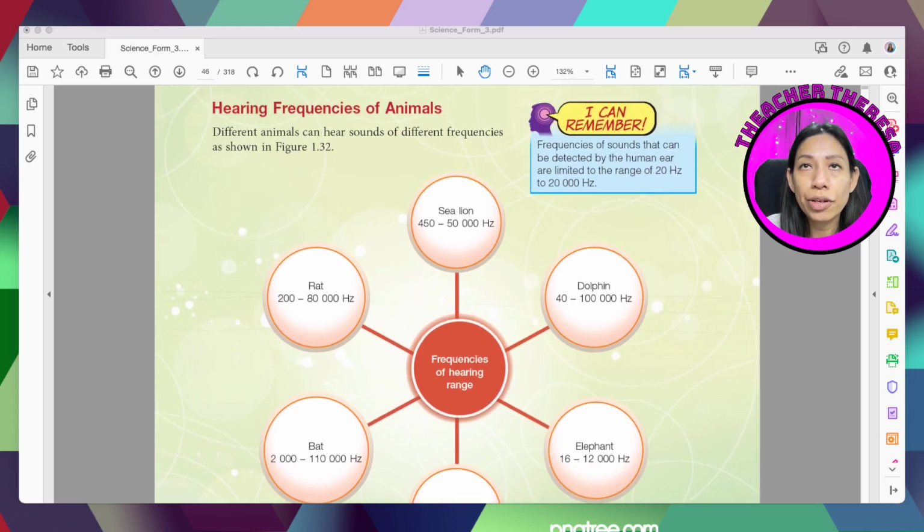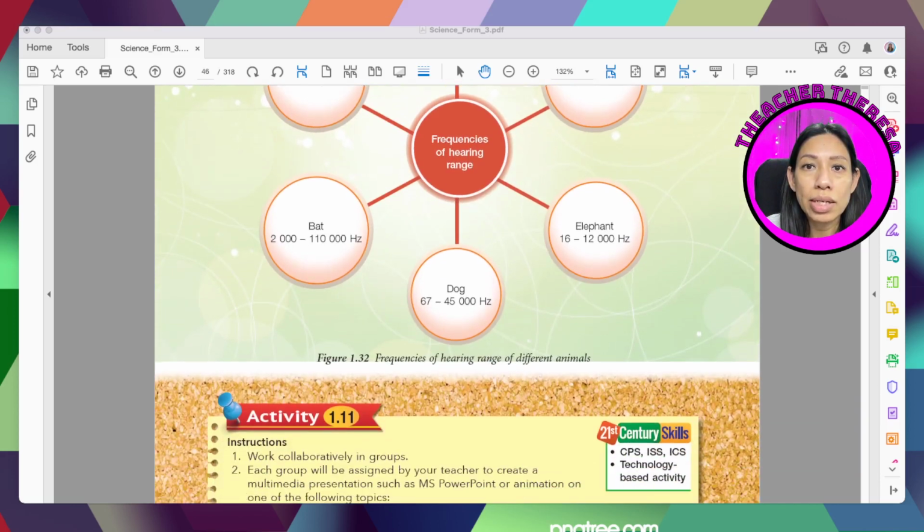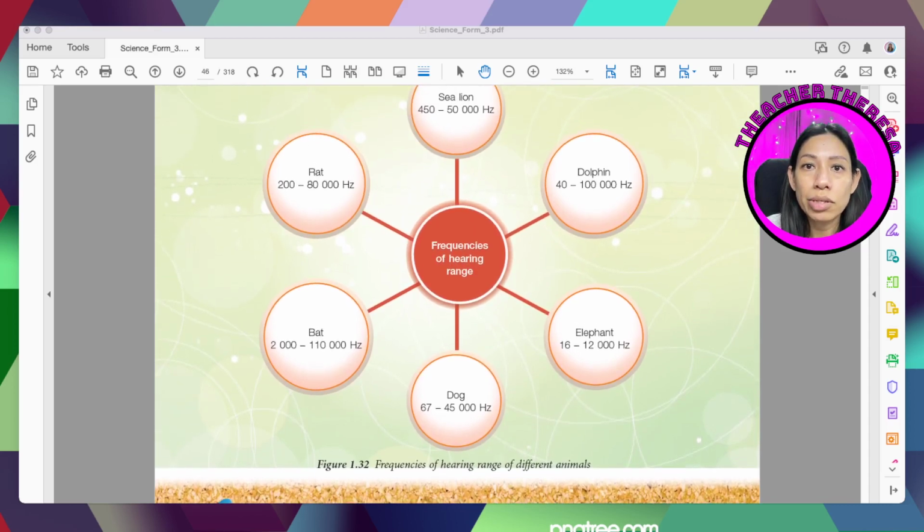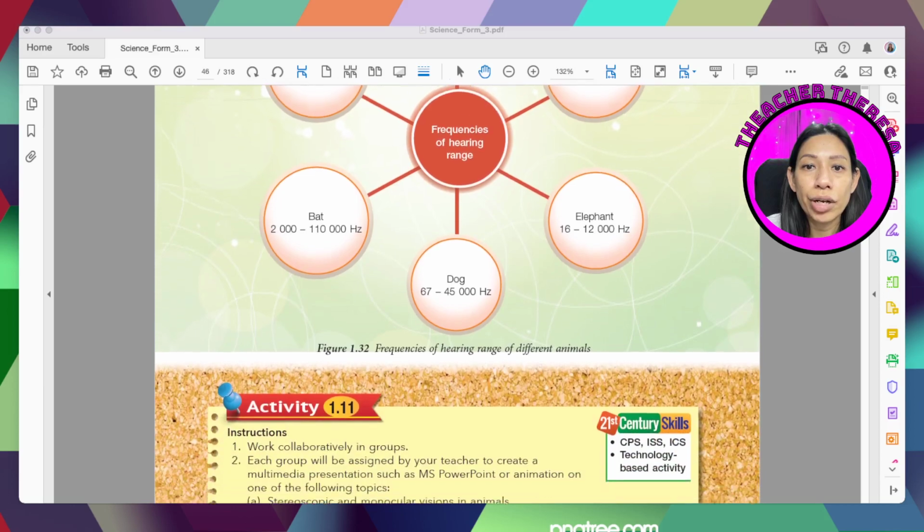So what is frequency? Frequency is the sound that you can hear, how loud of the sound you can hear. The higher the value, the louder you can hear. So we are limited to only until 20,000. That's why we cannot hear when dolphins or sea lions communicate, because they communicate in a higher frequency.